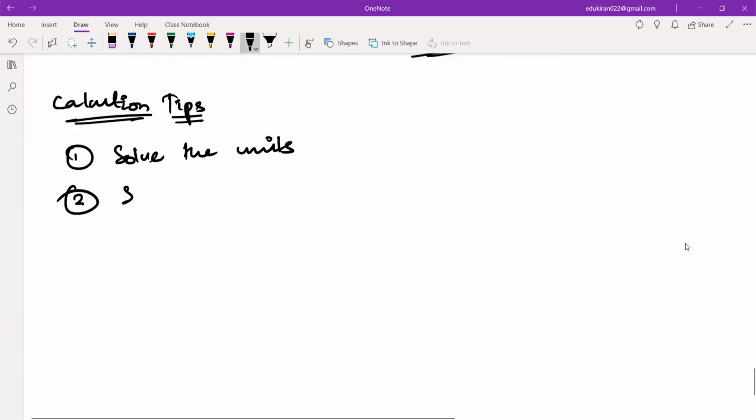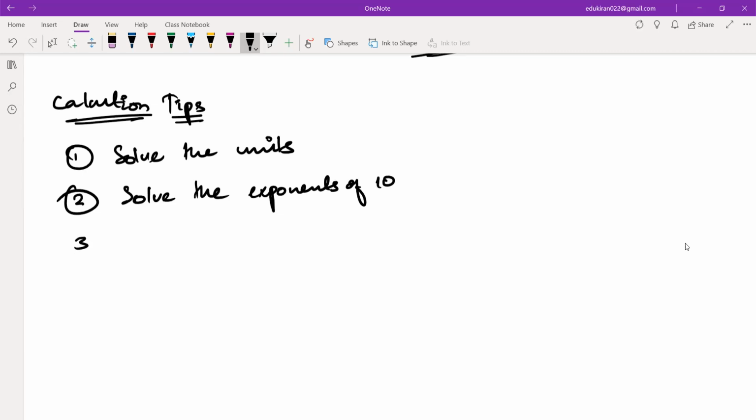Next is solve the exponents of 10, powers of 10. Then only you will solve the numbers. Also one point, which you will gradually understand, what does it mean?